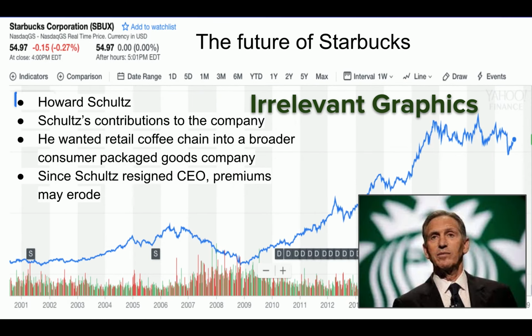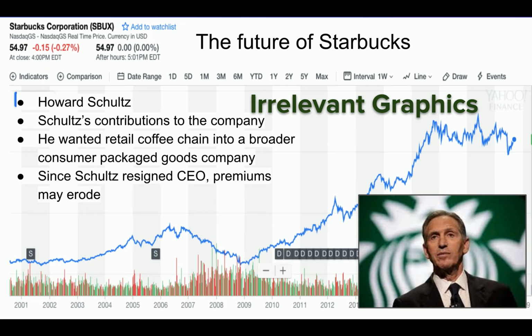Here is an irrelevant graphic. It's about Howard Schultz and how Howard Schultz founded the company. And the first time he left the company, there was a bit of an issue. He actually came back in 2008, but there's this big stock chart here.